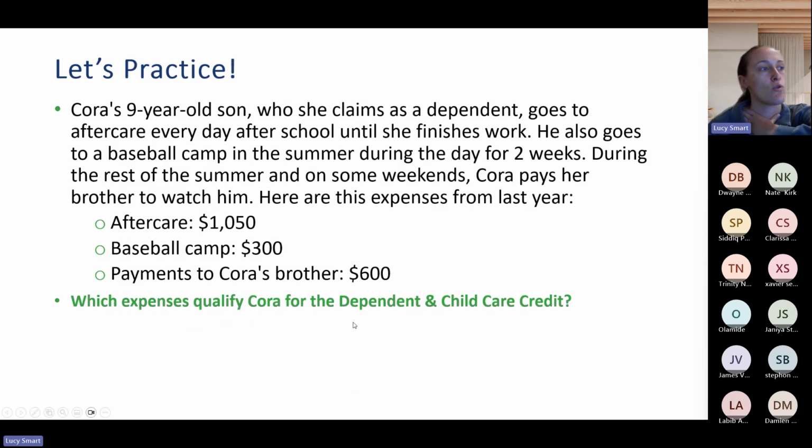And then what about payments to Cora's brother? Her brother, so her son's uncle, was watching him on weekends while she's at work.